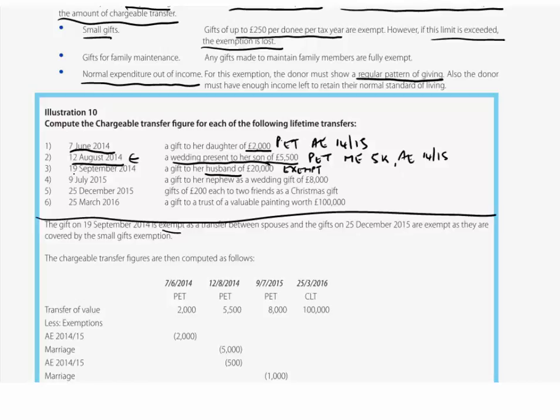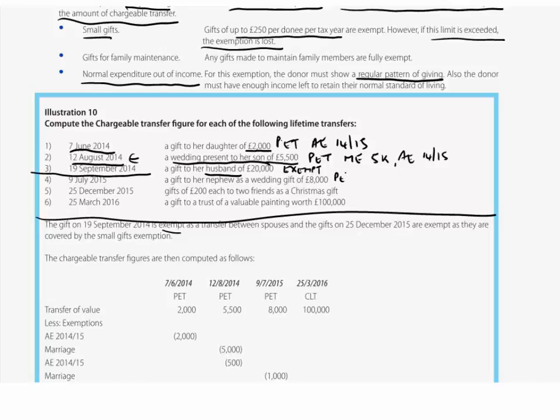9th of July 15. Right, let's just draw a line between those transfers that were in the 14-15 tax year and the transfers falling in the 15-16 tax year. That's the next three: July 15, December 15 and March 16 are all in the 15-16 tax year. So the next one that we've got, a gift to her nephew as a wedding gift.